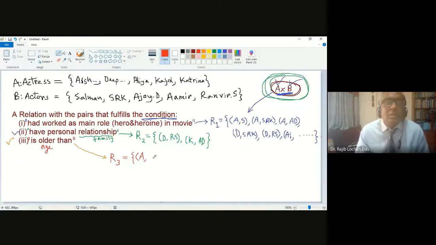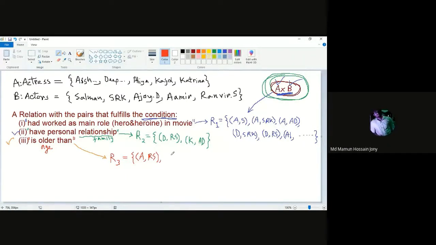So what do you think? Maybe Ranbir Singh? Maybe, right? We are not sure, but maybe. So we are taking this. Think about Deepika. Is Deepika older than any person here? Older than Alia Bhatt?